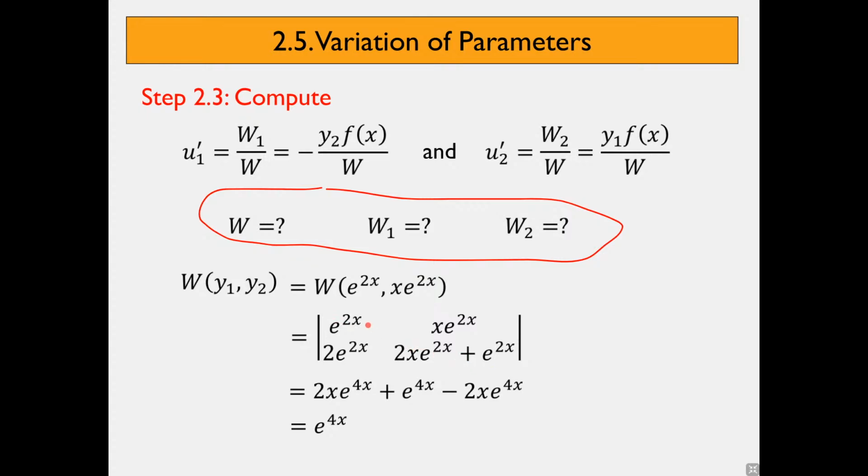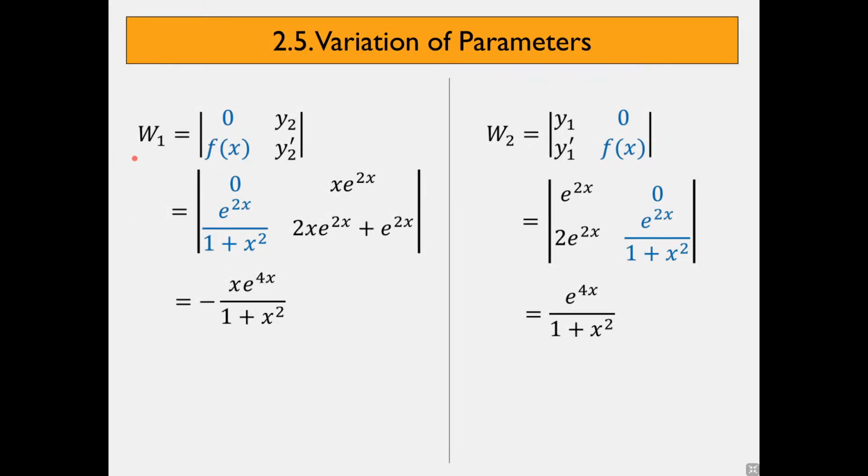Now the determinant of this matrix: e^(2x) multiply 2x e^(2x) is 2x e^(4x), plus e^(2x) multiply e^(2x) is e^(4x), minus 2x e^(4x). So this one cancels off, the remaining term is e^(4x). This is capital W.